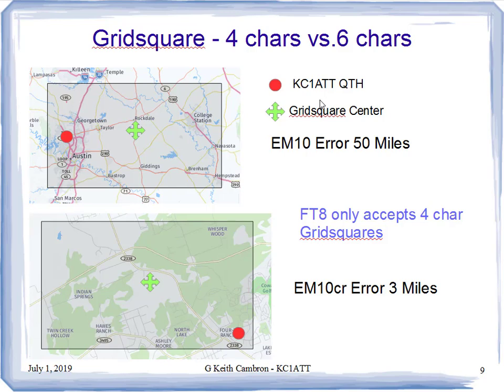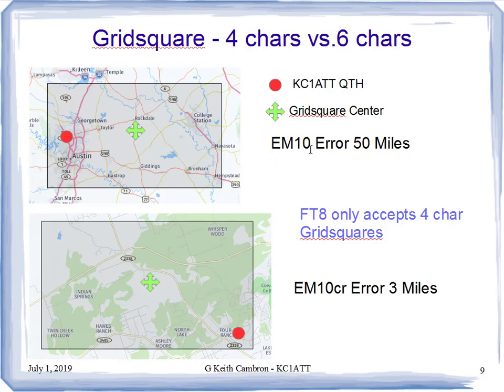The grid squares have sequences of pairs. There's an alpha pair followed by a numeric pair followed by an alpha pair and so forth. You can have as few as 2 pairs in the QTH information, or as many as 5 pairs or more, the standard doesn't restrict.